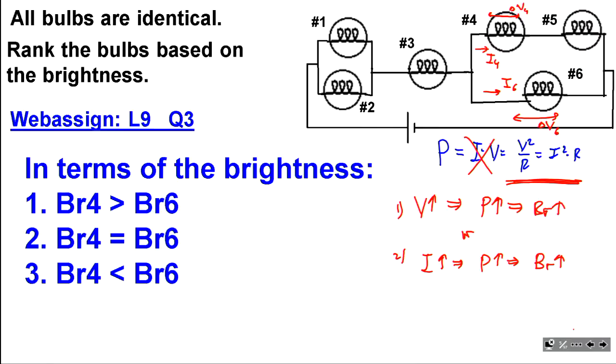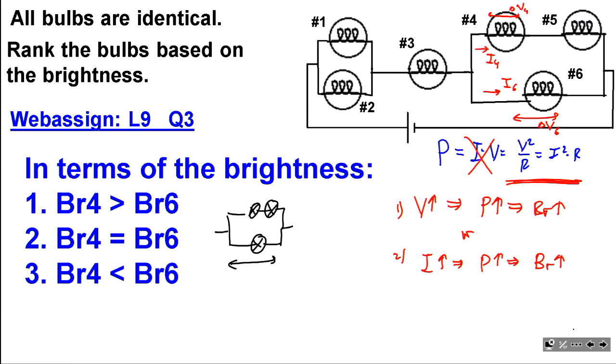So I would prefer using voltage. It's easier because in this particular circuit, we actually don't even care what is happening outside of it.